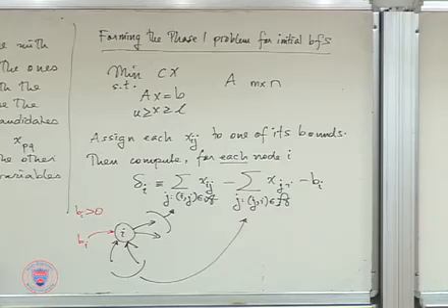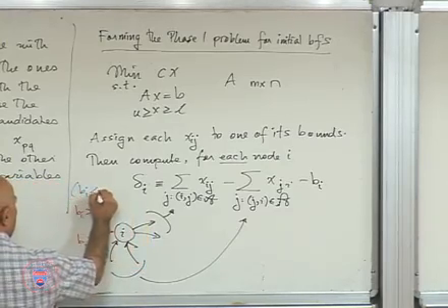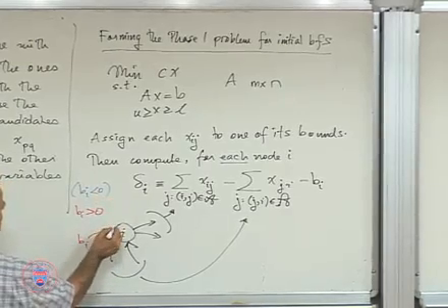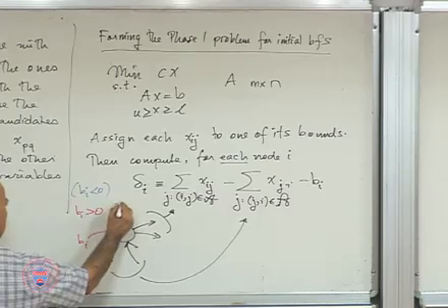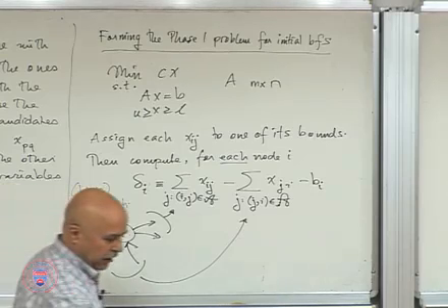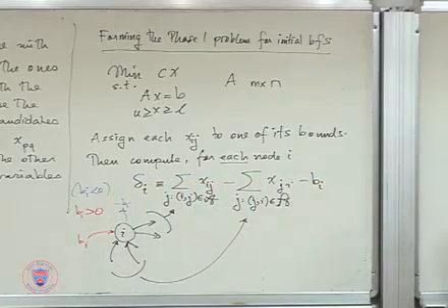If, on the other hand, bi is negative, in this case this is a demand node, which means that minus bi units are coming out. So either the red or the blue one applies. Don't think that they both apply. If bi is 0, you forget the blue or the red one. All right, so this is the net flow.